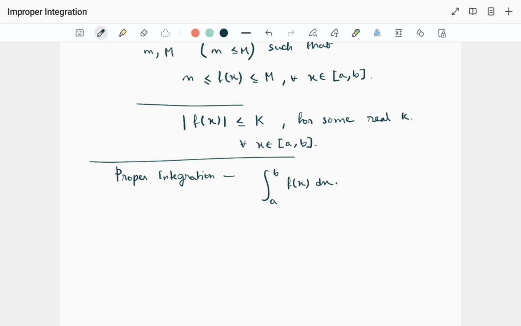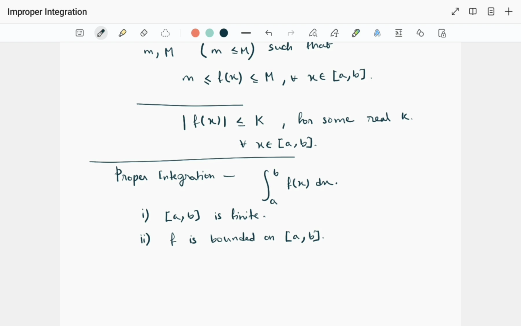The first is that the interval [a, b] is finite or bounded. The second is that the integrand, the function f, should be bounded on [a, b].